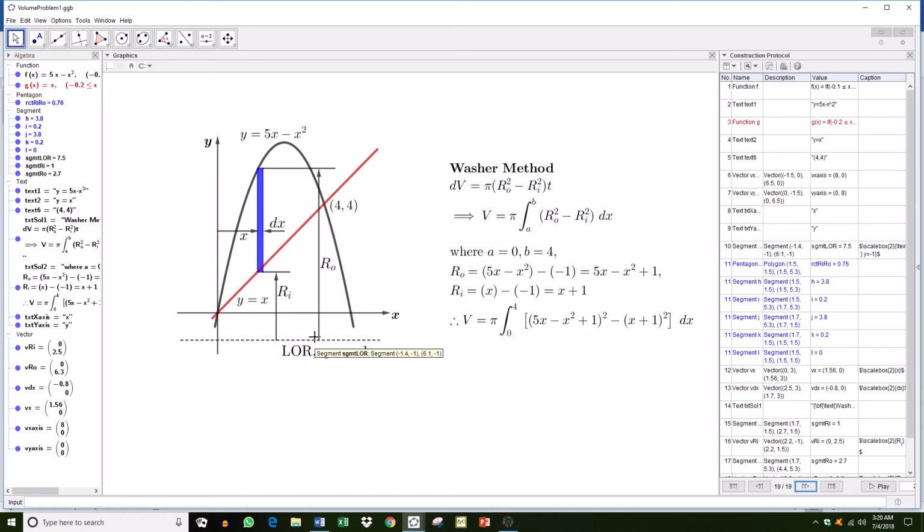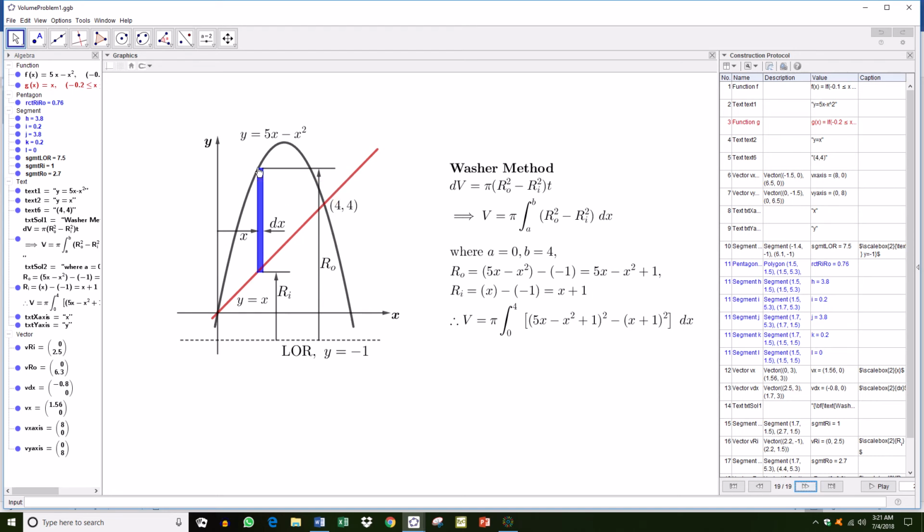So now the question is, what is the y value at this top point? Everywhere, all along this line, would you agree that the y value is the same? So what is the y value at this top point? That is the y coordinate of this point, right? Since the x coordinate of this point is x, because notice that is the distance x, the y coordinate must be 5x minus x squared, because this point happens to be on the parabola.